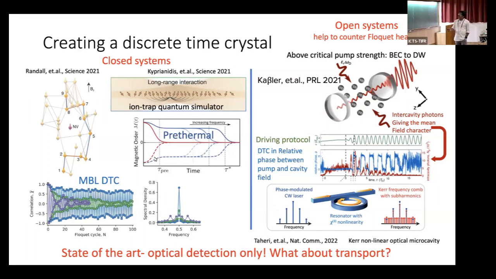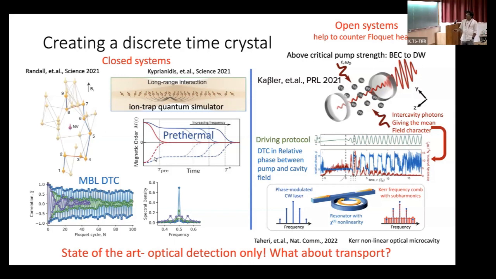They prepare the system in a Bose-Einstein condensate, and above a certain critical pumping field, they start having a BEC to density wave transition. Once they have a density wave transition, they oscillate between two different types of density waves, like two different checkerboard patterns. This is their driving protocol, and this is the time crystal oscillation.